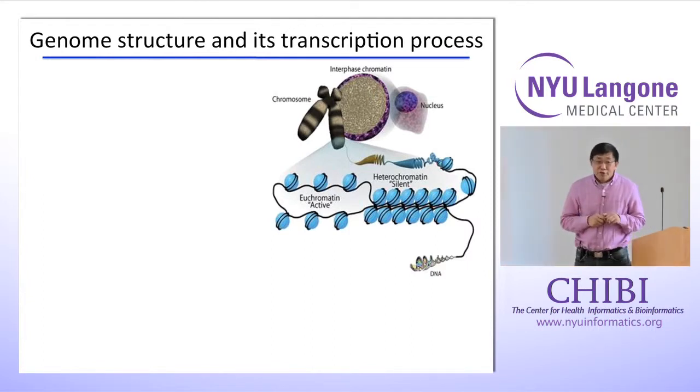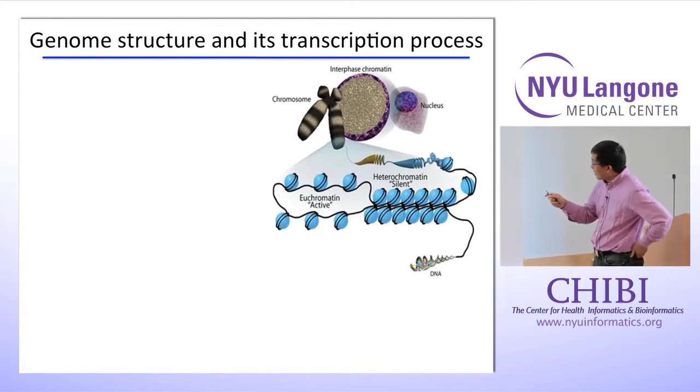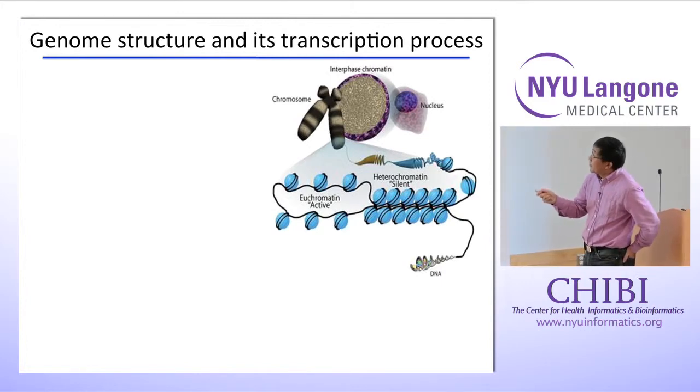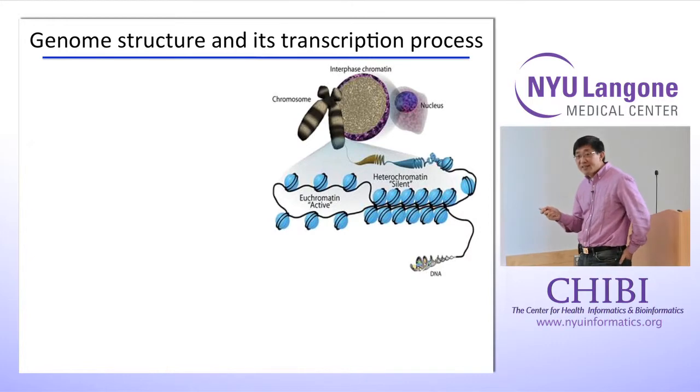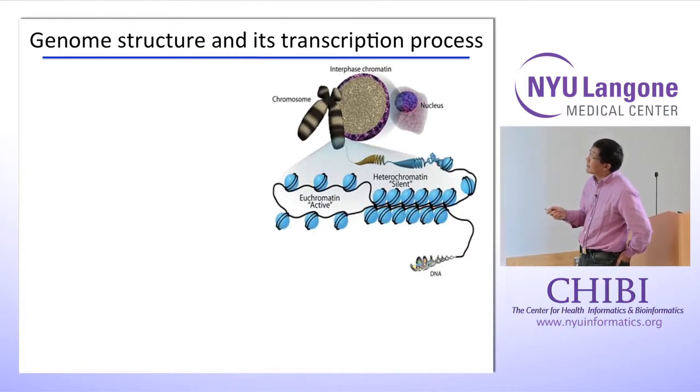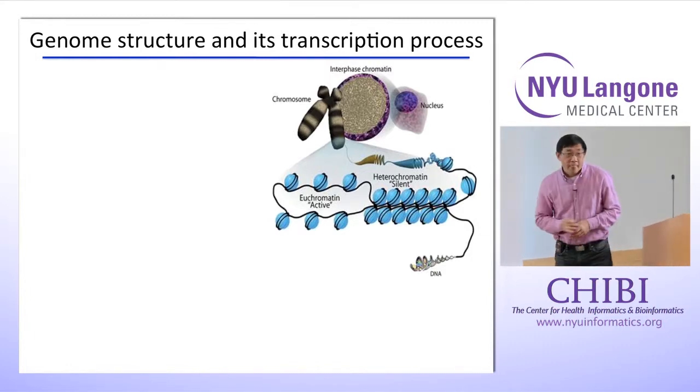We have learned so far that the genome, as a chromosome, has two different statuses. One is called the silenced status, with a more condensed heterochromatin. Another is the active status. We call it euchromatin.